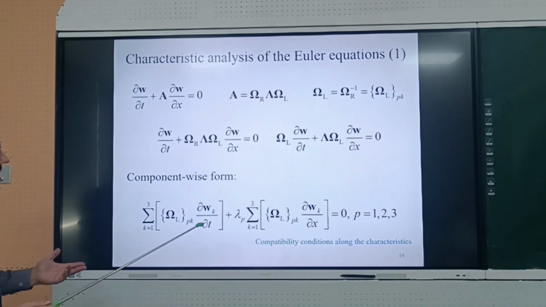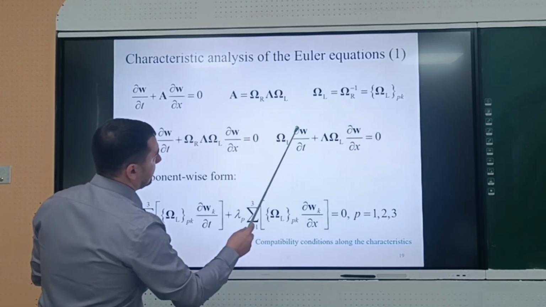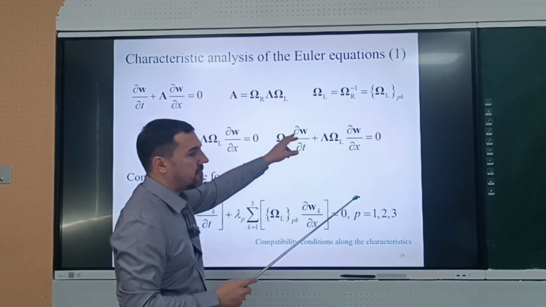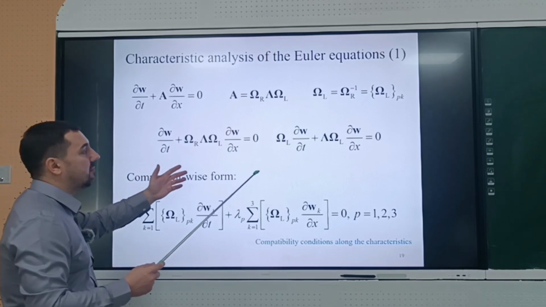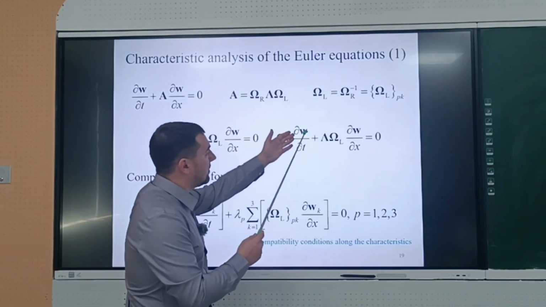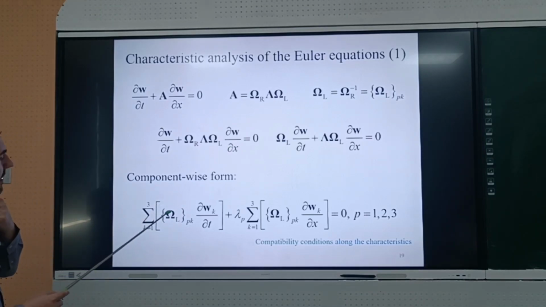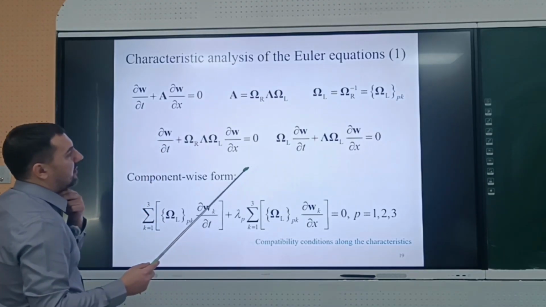And that's it. The problem is that here we are not able to put omega l into parentheses, because now omega l is a function of w. So now it's a nonlinear system, and this is a function of w. Instead, here we should stop and write the component-wise form.